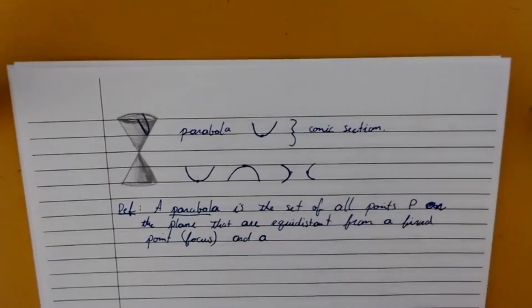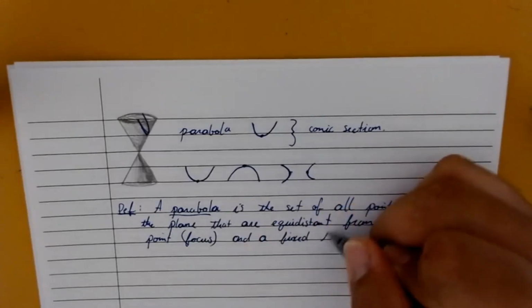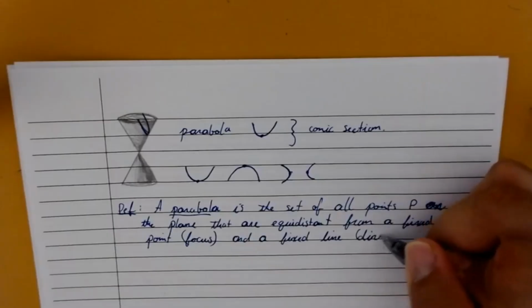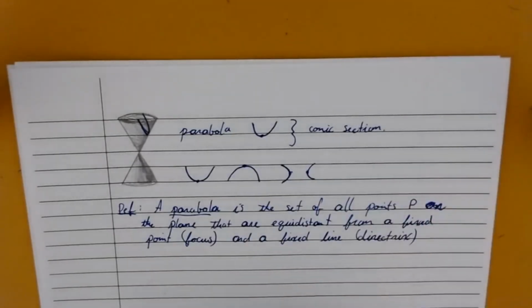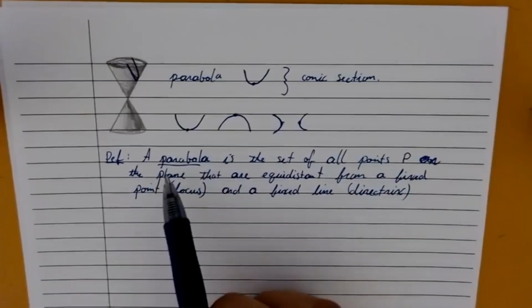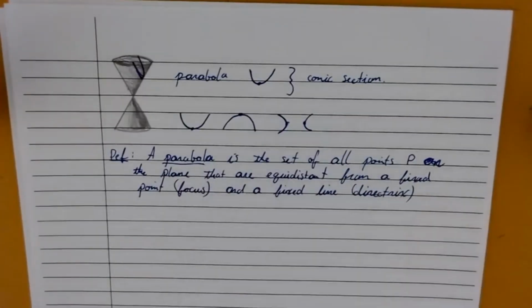And a fixed line, which is called the directrix. So unlike our previous ellipse or hyperbola, we don't have two foci. We have a single focus and a directrix.